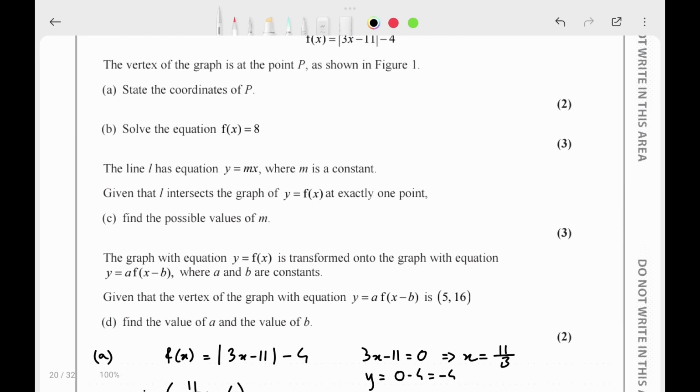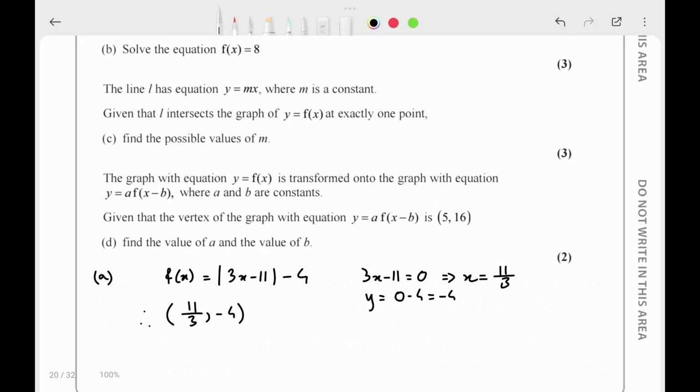Moving on to part D. The graph with the equation y is equal to f of x is transformed onto the graph with equation y is equal to a times f of x minus b, where a and b are constants. Given that the vertex of the graph with equation y is equal to a times f of x minus b is 5, 16, find the values of a and b.